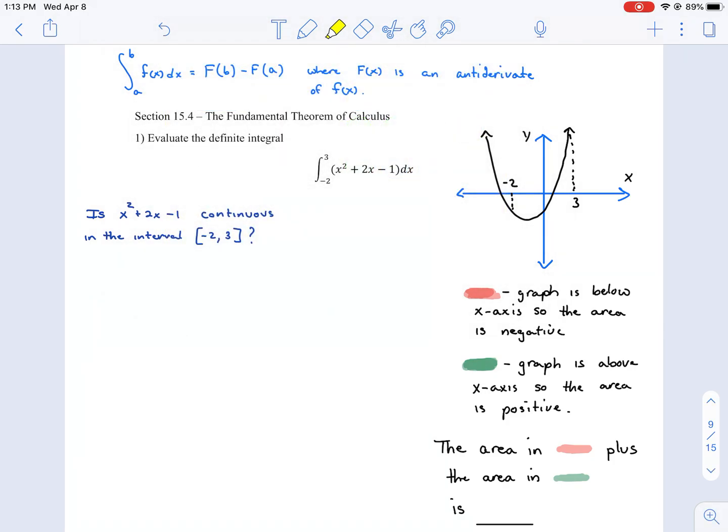Before we can apply the fundamental theorem of calculus, we're going to have to ask the question, is x squared plus 2x minus 1 continuous on the interval -2 to 3? And that is a resounding yes.